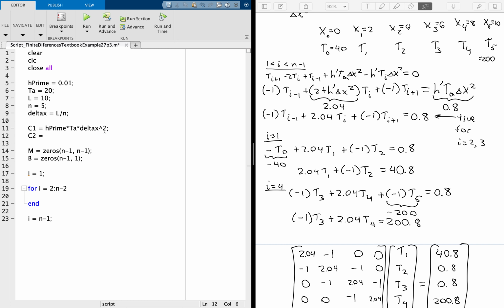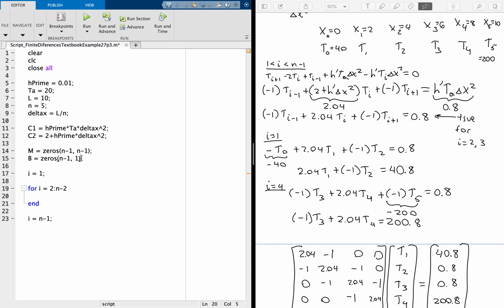C2 equals 2 plus H prime times delta X squared. This C2 is this term, which is 2.04 for the step size of 2. These other negative ones I don't think I need to change because they won't depend on the step size.